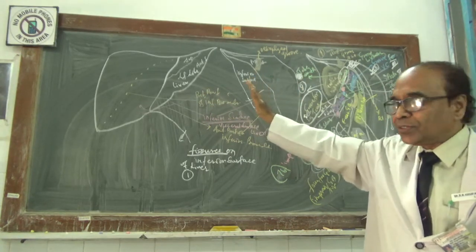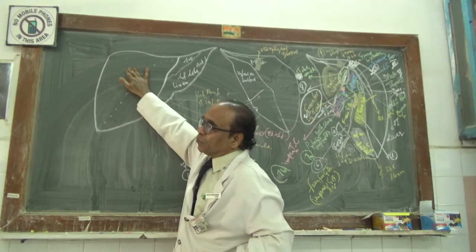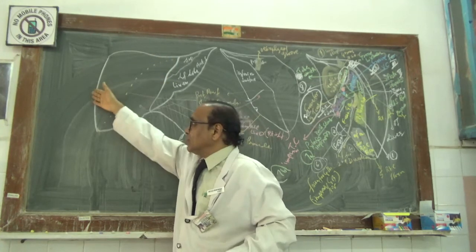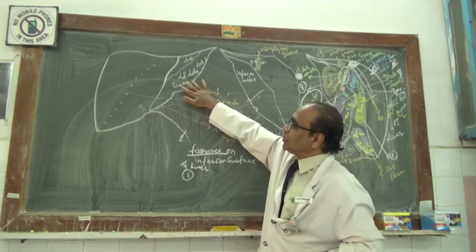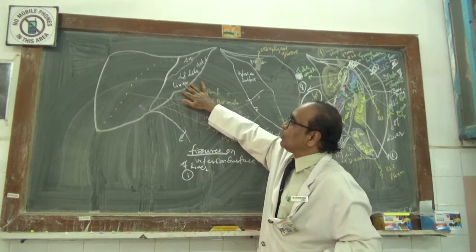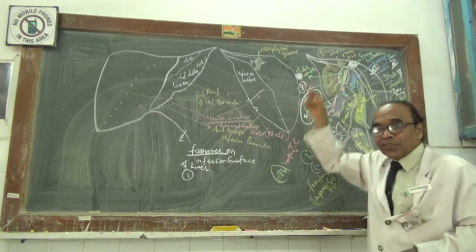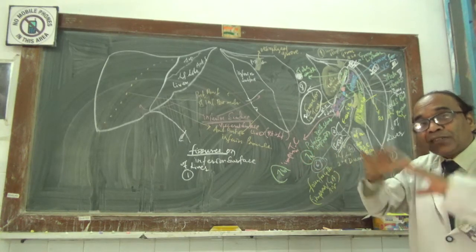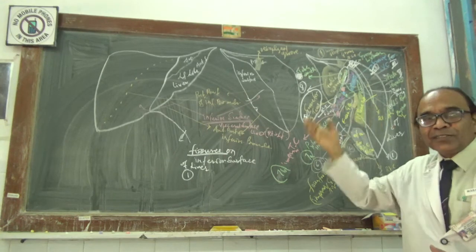There, the anterior, superior, posterior and right lateral surfaces of the right lobe, then the anterior, superior and posterior surfaces of the left lobe. I told that the relation is with the under surface of the diaphragm domes, and that it is covered by peritoneum.